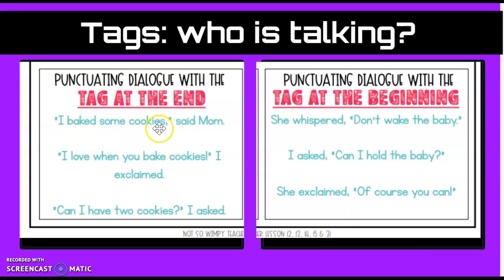If it is a complete sentence and we would put a period at the end, we just put a comma. So if it's a complete sentence, and normally if it was not said by someone, we would put a period, we just use a comma before the quotations. If it is exclamatory, we would add an exclamation point, or interrogative, we would add a question mark.